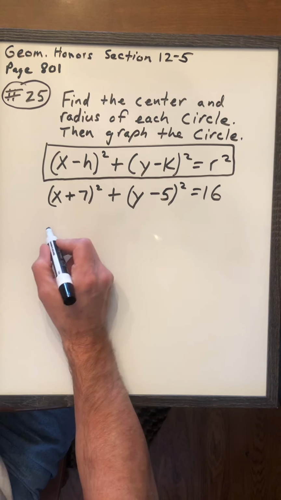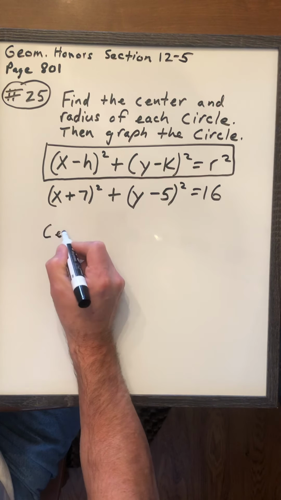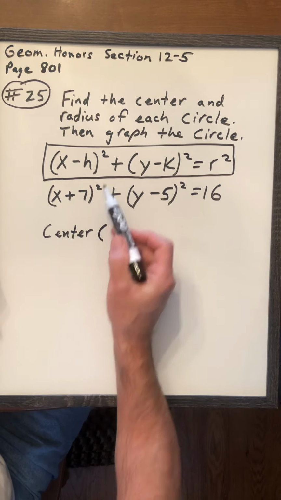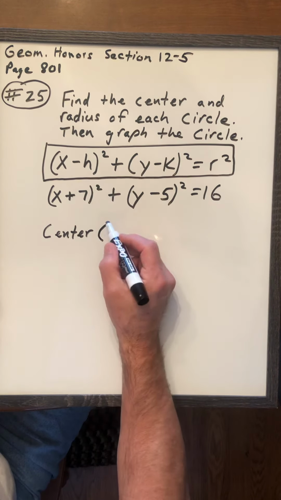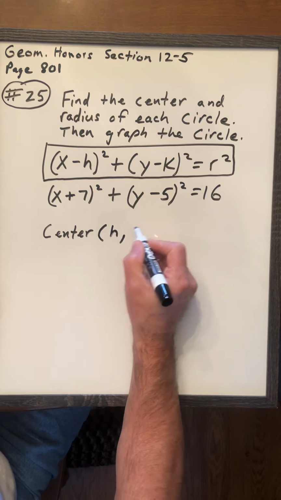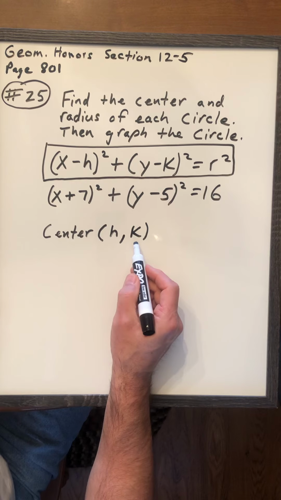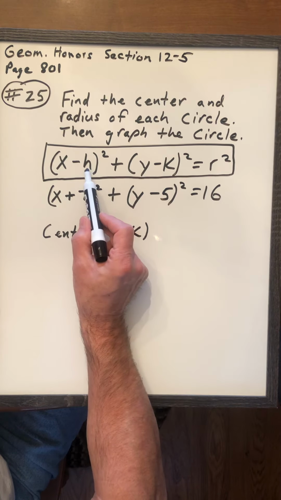So, first thing I want to find is the center. And remember, the center is going to be your h comma k, right? Your x is the h and the k is the y. So here is my h.